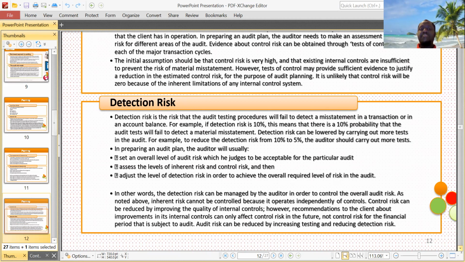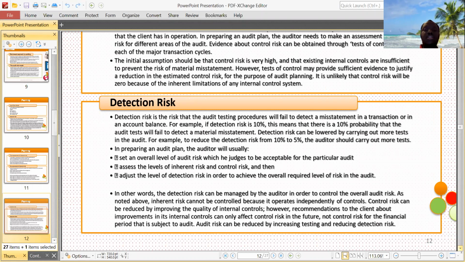It's the risk that the audit procedures will not be able to detect a misstatement in a transaction. It's very, very important. In control risk, it was more dependent on the client's internal control. In detection risk, we are looking at the audit testing procedures.